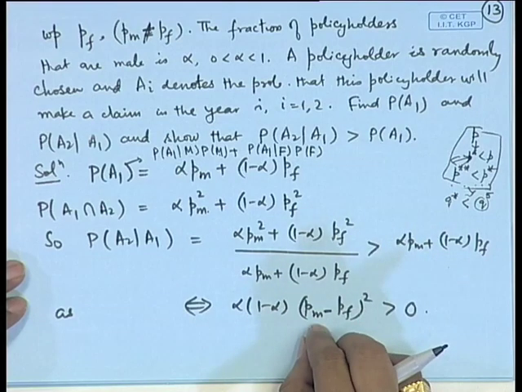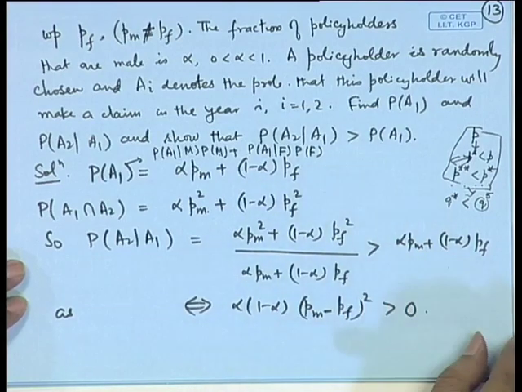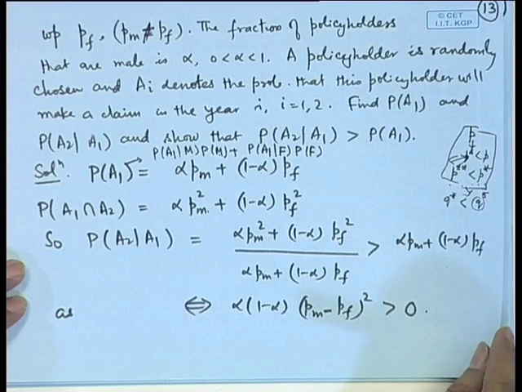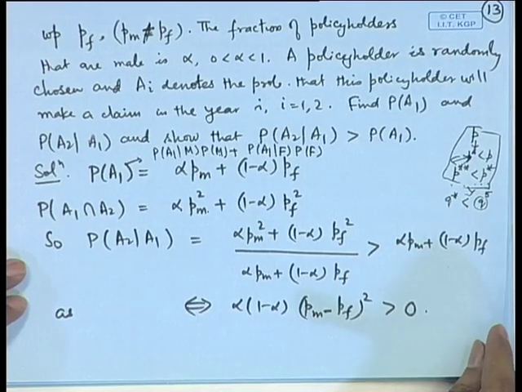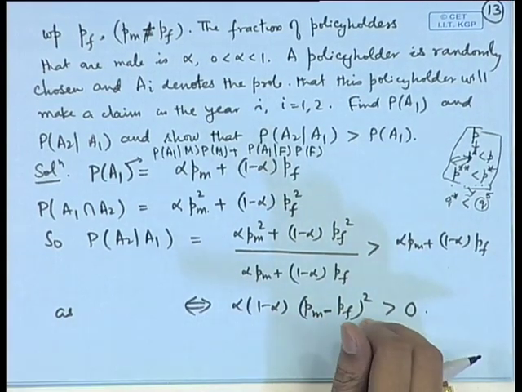In the unlikely case where P m is equal to P f, then this will be equal to 0, that means the two probabilities will be same. However, P m equal to P f simply denotes that it does not make a difference where from you are choosing. That means, both have the same probabilities of say either defective or non-defective or making a claim or not making a claim.